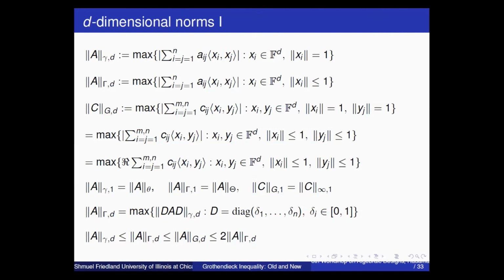If you assume D equals 1, then you get the C infinity norms, and you also have this characterization that A gamma D is the maximum over diagonal matrices like that. Therefore, you deduce that small K gamma is the biggest one, and you have this inequality.